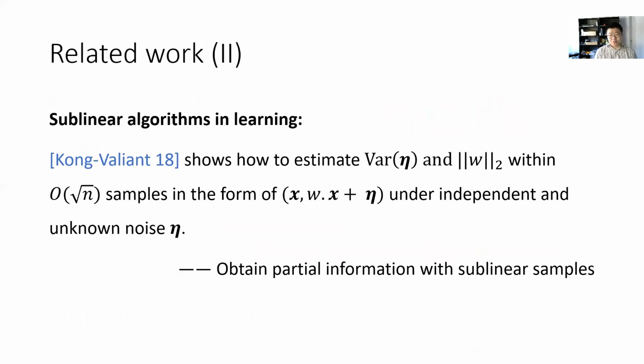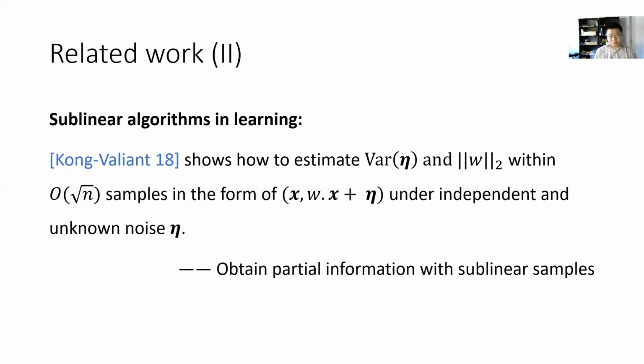The second strand of research I want to mention here is some linear algebra algorithms in learning. For example, Dicker and Valiant consider how to estimate the variance of the noise and the L2 norm of W when the algorithm receives random samples of the same form as ours, that is x, w dot x plus an independent noise eta.